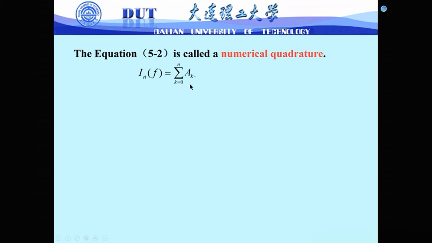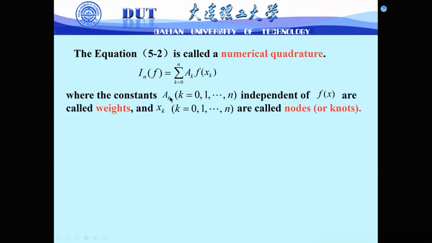I_n(f) is the summation of a_k multiplied by f(x_k), where the constants a_k, independent of f(x), are called weights. That means you can change the function values, but you don't change the coefficients. The coefficients are fixed for one formula, and x_k are called knots or nodes. Here the knots we know by the interpolation method.